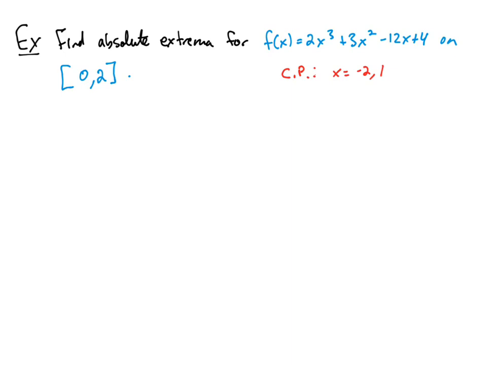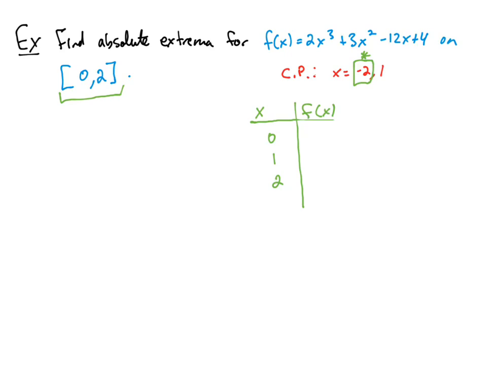But we need to be careful here because negative 2 is not actually in the interval 0 to 2. So that means we don't need to consider negative 2 as either a max or a min value. So when we make the table, we can exclude negative 2 as an x value. So we're just going to use 0, 1, and 2.